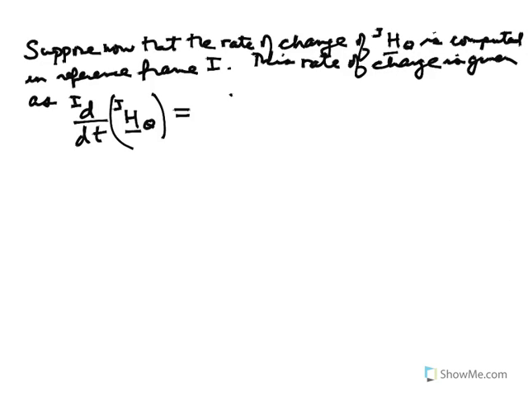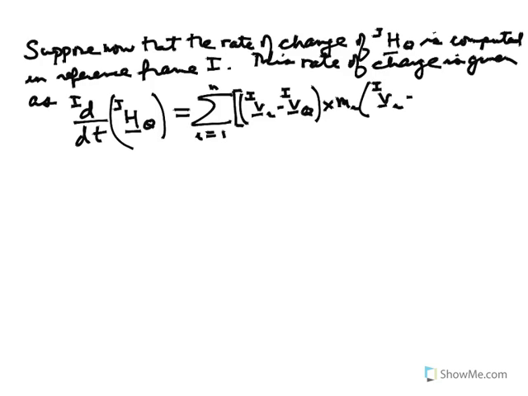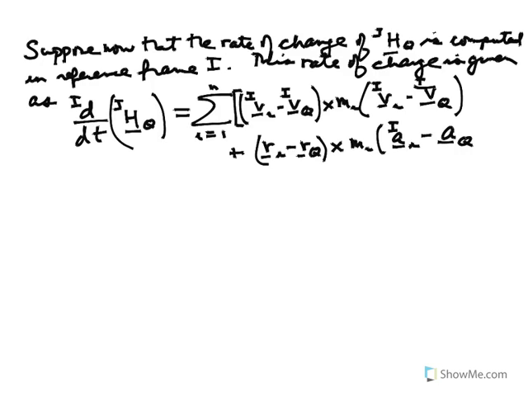So this is going to equal the sum from i equals 1 to n of Vi in I minus VQ in I crossed with Mi times Vi in I minus VQ in I, and then plus Ri minus RQ crossed with Mi times the acceleration of particle i in frame I minus the acceleration of Q in I.